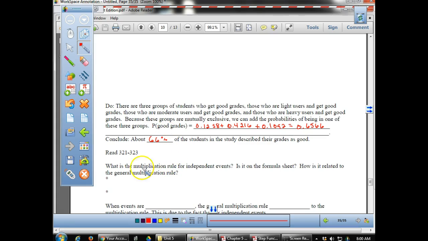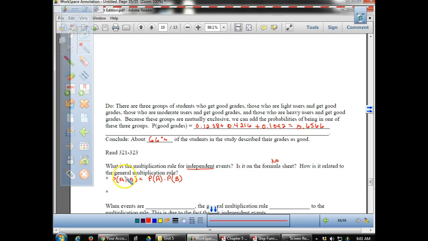Okay, what is the multiplication rule for independent events? The probability of A and B is equal to the probability of A times the probability of B. And this is for independent events. Is it on the formula sheet? No, it's just something we're going to have to memorize.